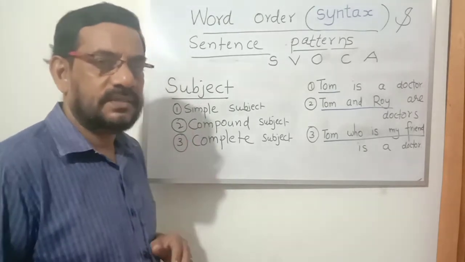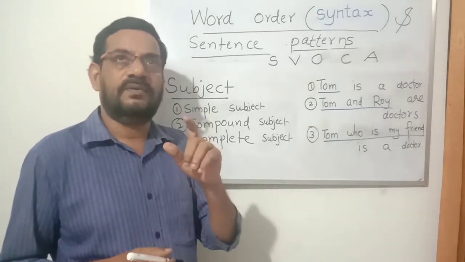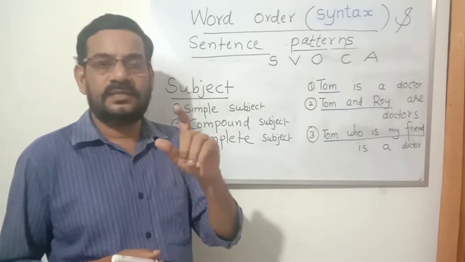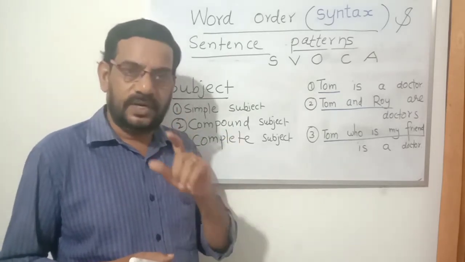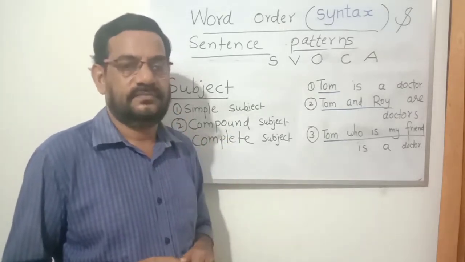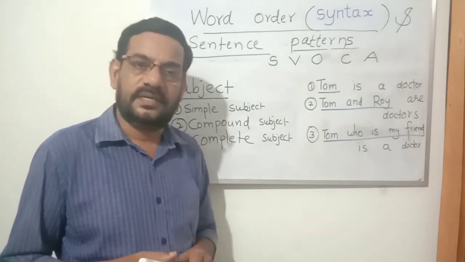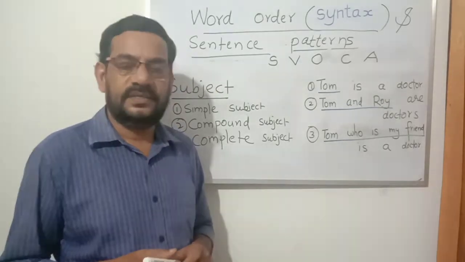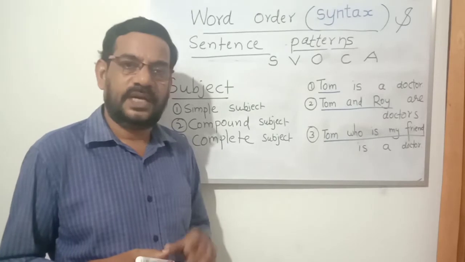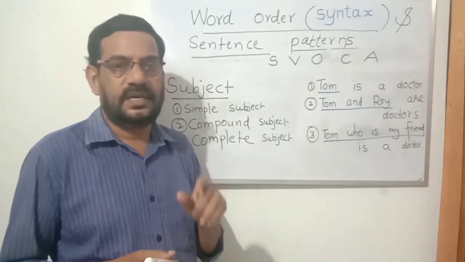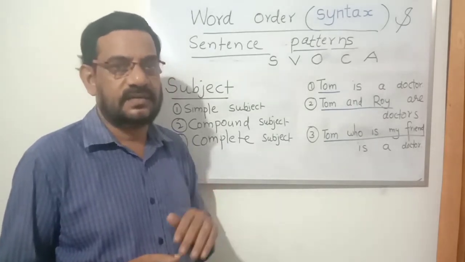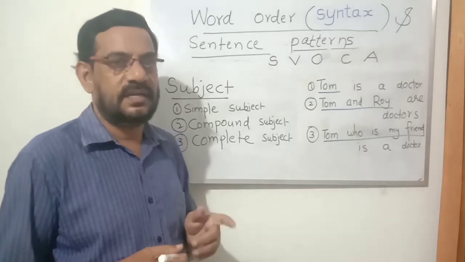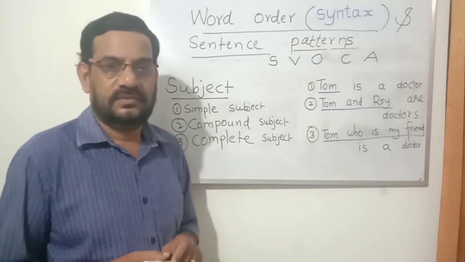Doer of the action means, for example, consider the sentence "Nora shut the door." What's the subject in that sentence? Nora. What did she do? Shut. Shut is an action. There is an activity in shutting the door.